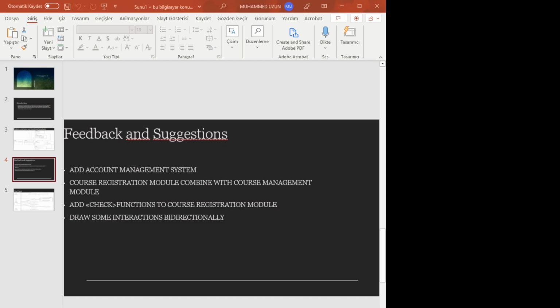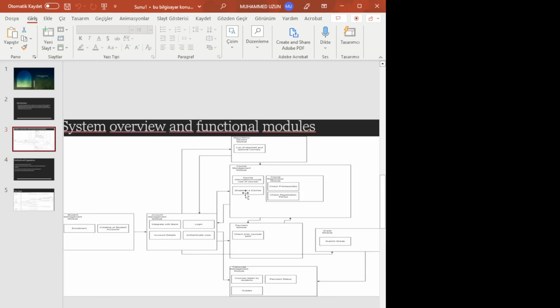They also suggested combining the course registration module with the course management module. I had made the course registration module separately. Instead, they told me to create a course management module. In this way, the courses would be easier to follow. Here is the module. I added the course registration and course drop modules into it.